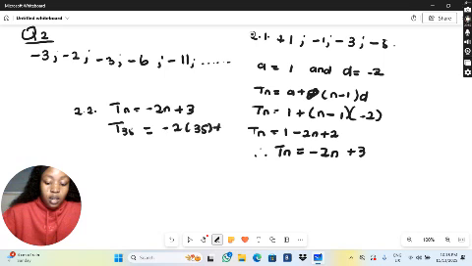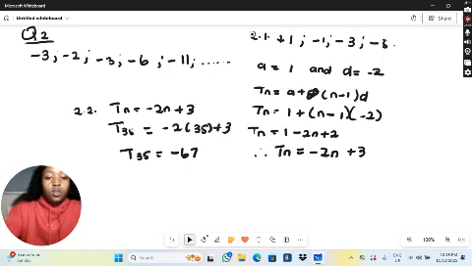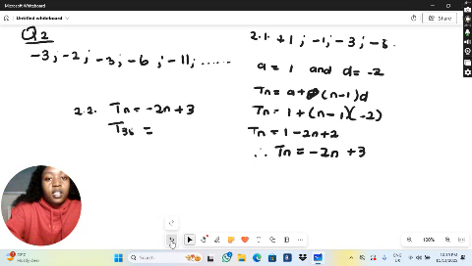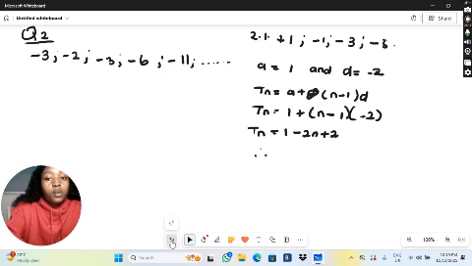Therefore our T35 is equal to negative 67. Easy. So guys, I think this was very easy for you if you have revised everything you've done in class.